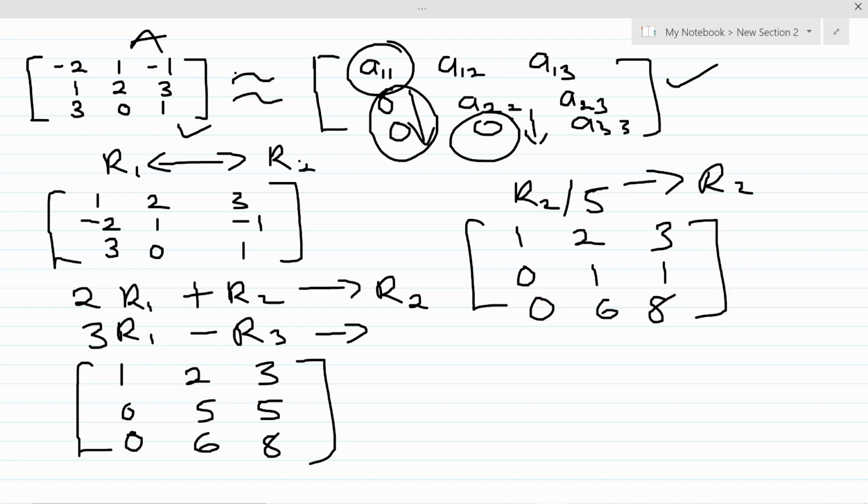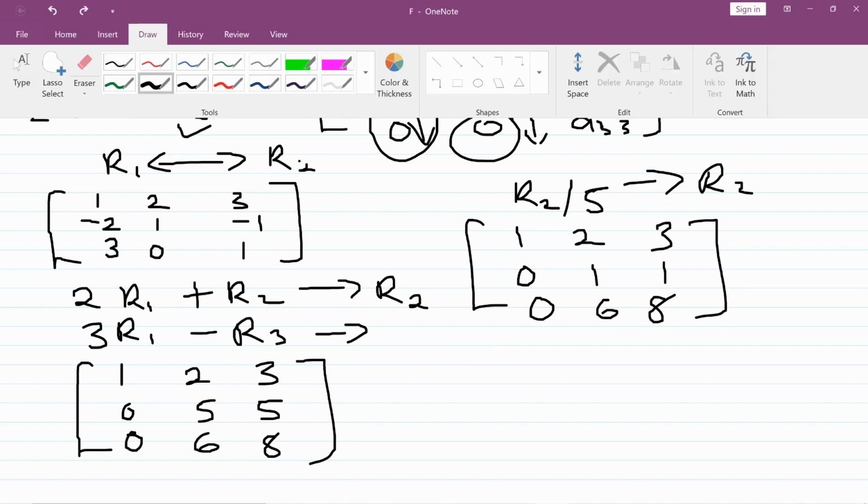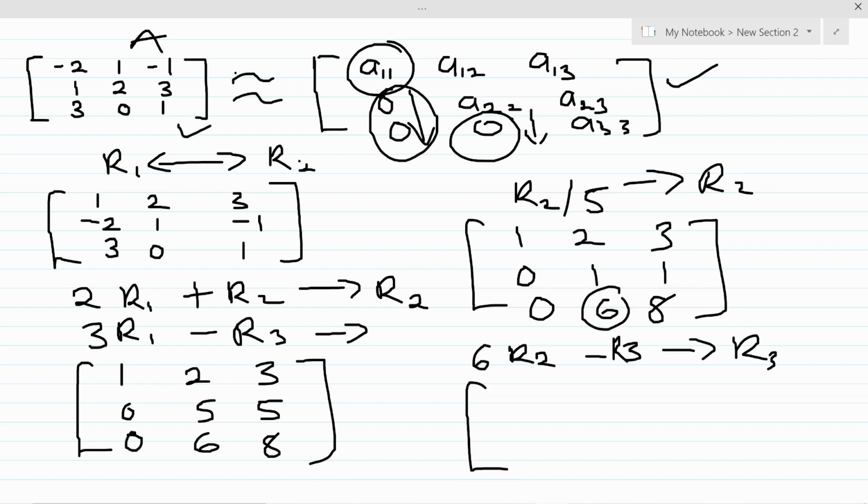Now, in reducing this, I can say 6 times row 2, minus row 3, and this should give me a new row 3, meaning if I do that, this side will be 0. So I'll get a new matrix: 1, 2, 3, then 0, 1, 1.